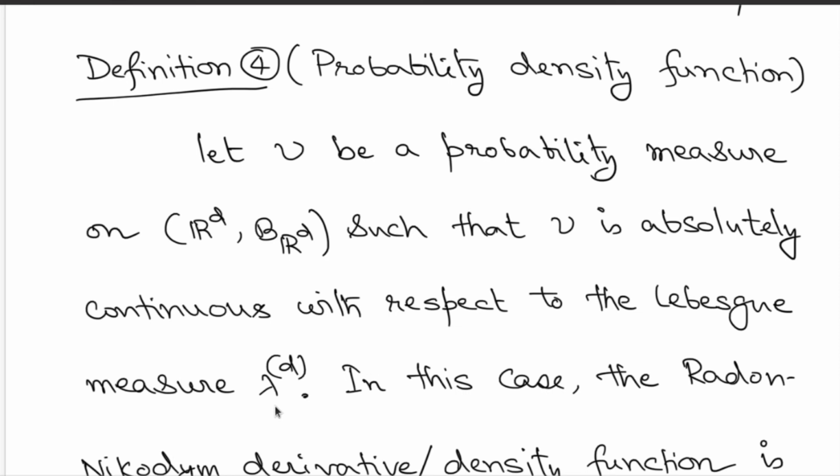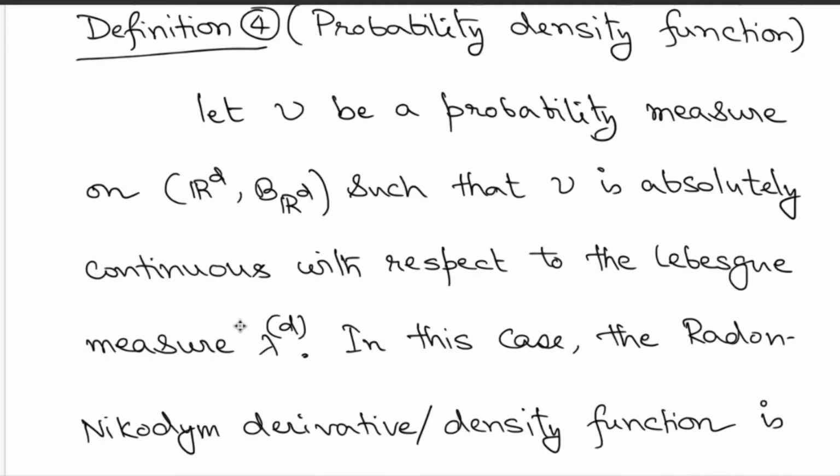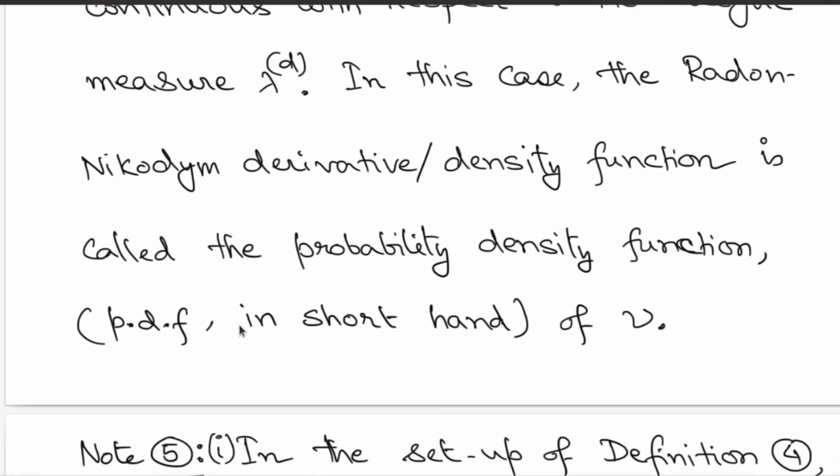Again, what we are trying to do is to use the information that is already captured in the Lebesgue measure. If you can do that, then you get this Radon-Nikodym derivative or density function for this probability measure with respect to the Lebesgue measure, and this density function that you get is called the probability density function, or PDF in short, of the probability measure nu.